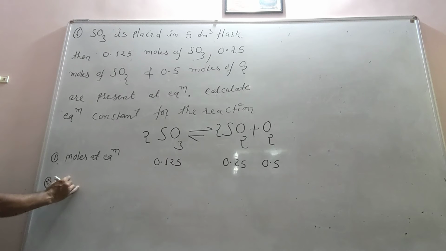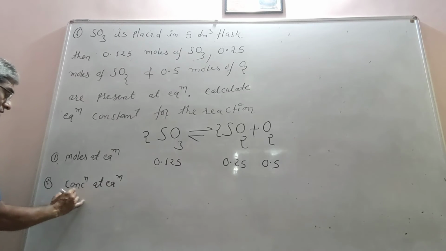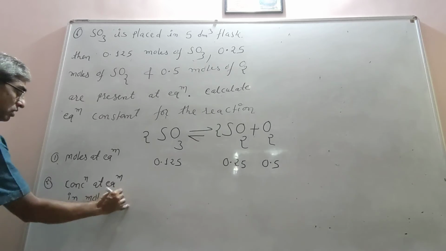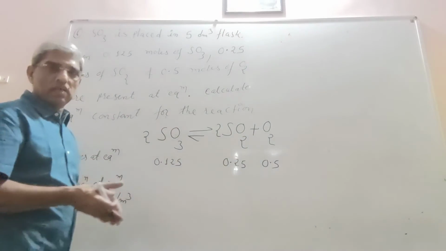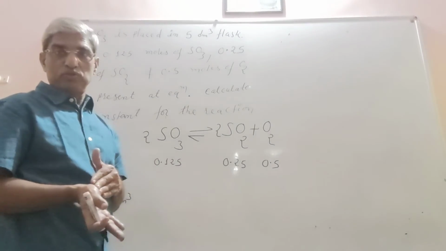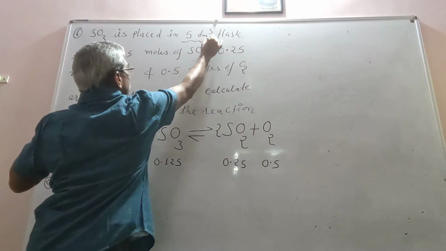And the second step, concentrations at equilibrium in moles per dm cube. Because we know concentration is expressed in moles per dm cube. The volume is given, 5 dm cube.